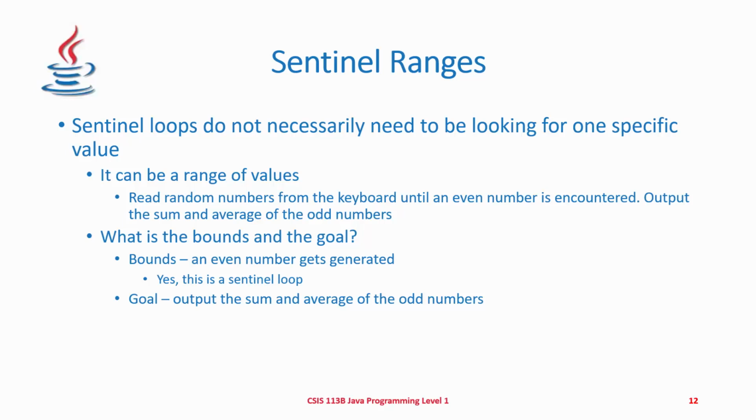As each random number is generated and each odd number is fed in, we'll keep track of the total, the sum of all those odd numbers that are being generated. And then at the end, we'll figure out what the average of those numbers was. But we really don't have any control of how many numbers we're going to be using here, right?